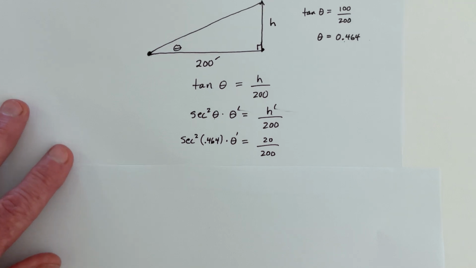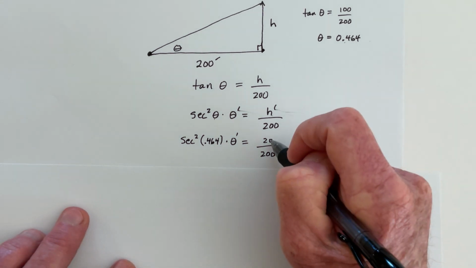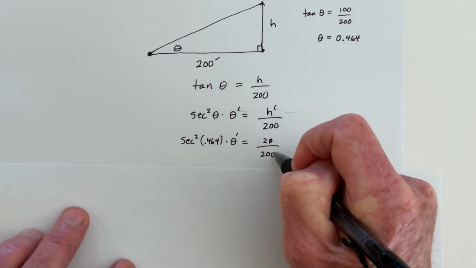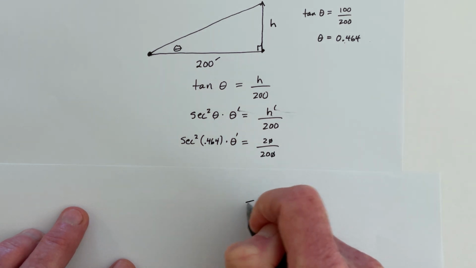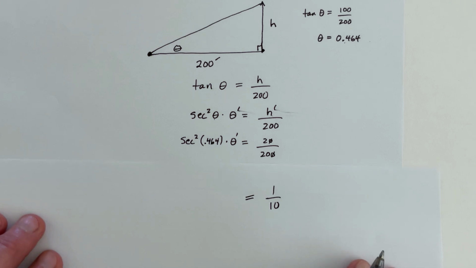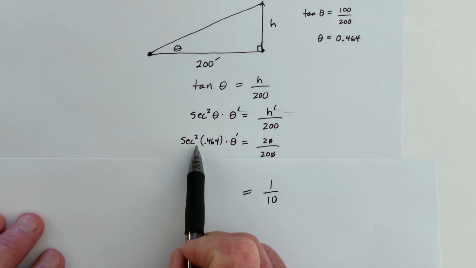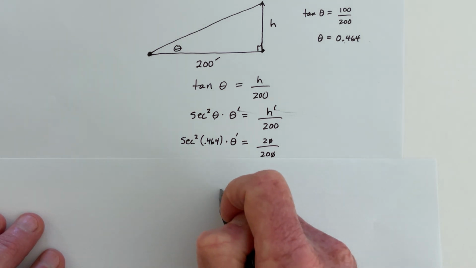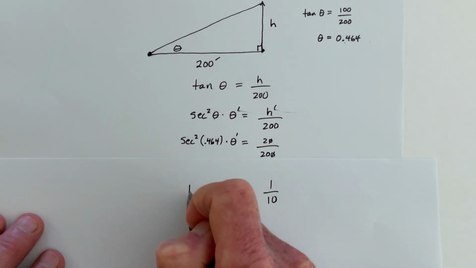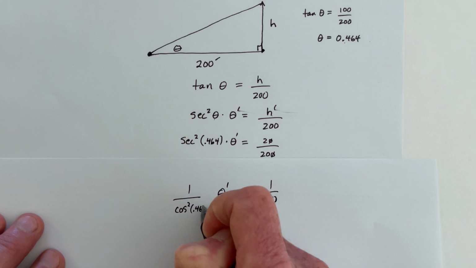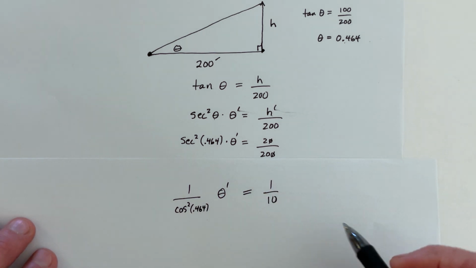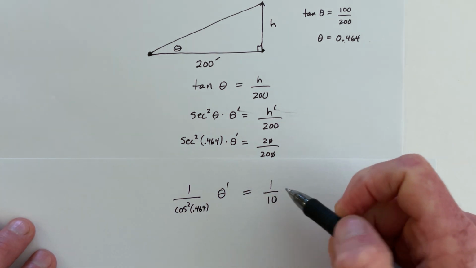And then of course, this reduces, so this is going to be 1 over 10 on the right side. And then secant actually means 1 over cosine. So 1 over cosine squared of the 0.464. And then I already reduced that, so that's 1/10.